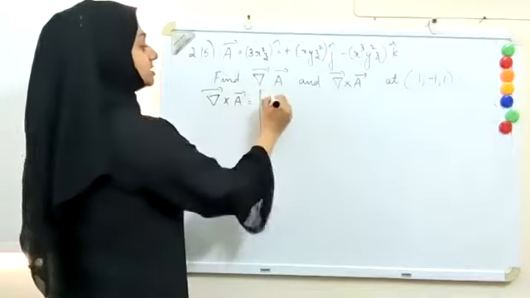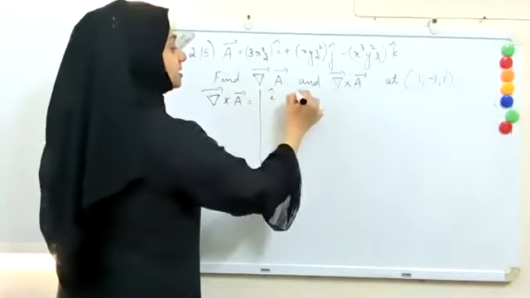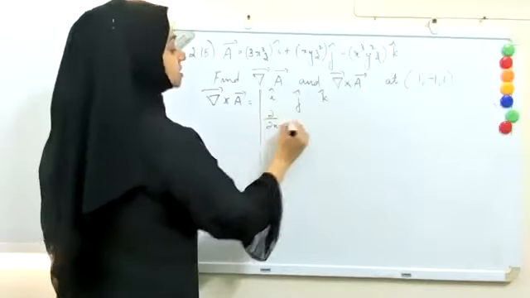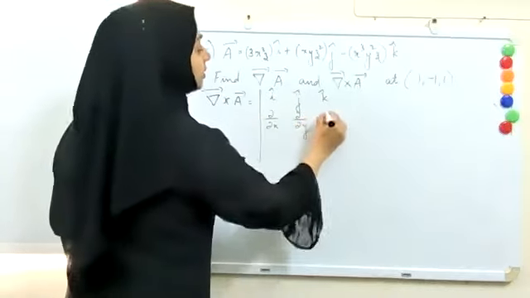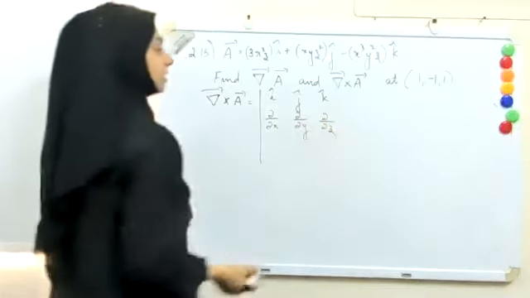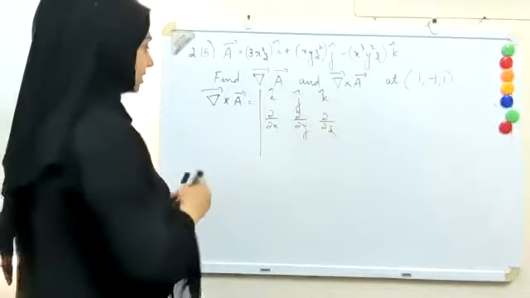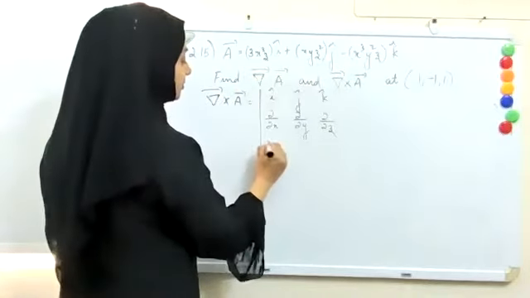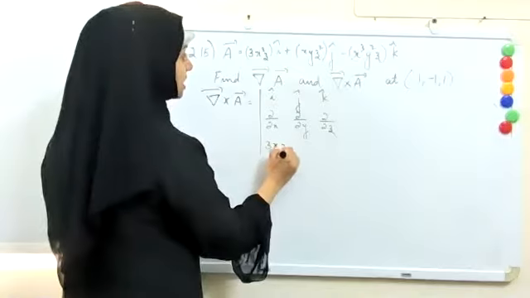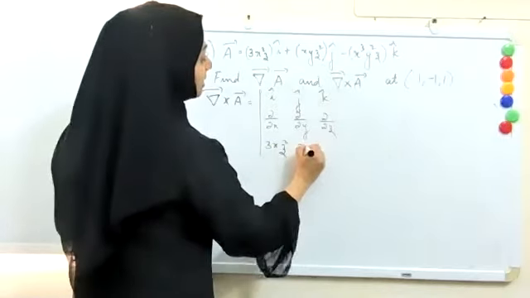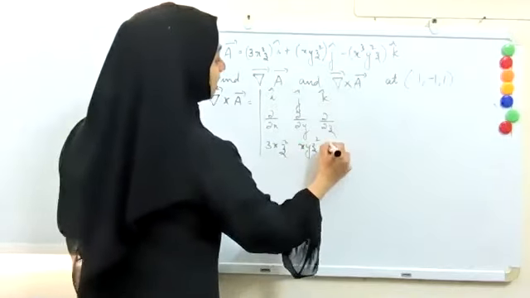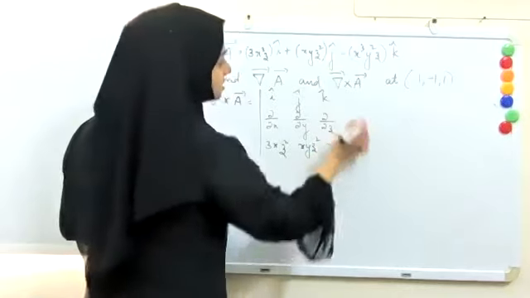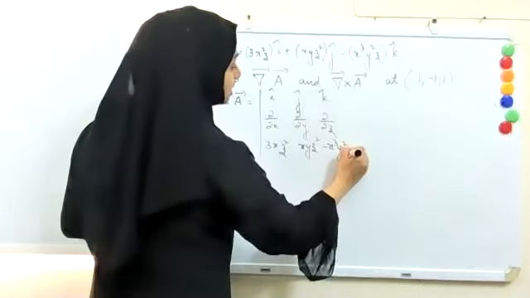When you do del cross A, you have to take the determinant with i, j, k, and dou by dou x, dou by dou y, dou by dou z, and instead of A, this quantity. So I have x, 3xz square and xyz square, and z cube, x square, and minus x cube y square z.